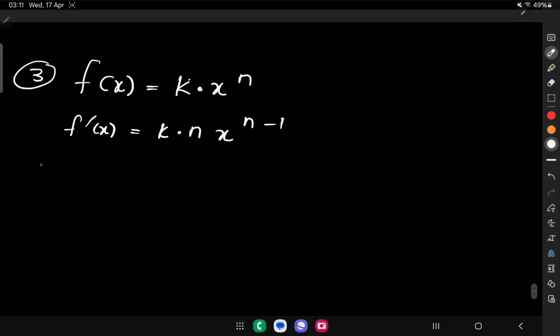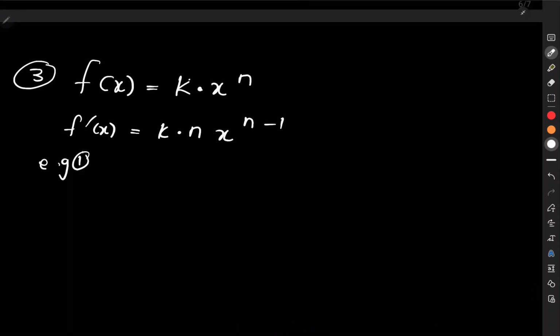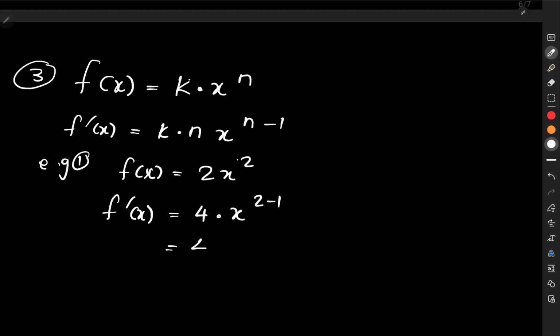An example of that would be, let's say we have f of x is equal to 2x squared. If we differentiate that, we're going to have 2 multiplied by 2, which gives us 4, multiplied by x to the power of 2 minus 1. Our final answer will be 4x.